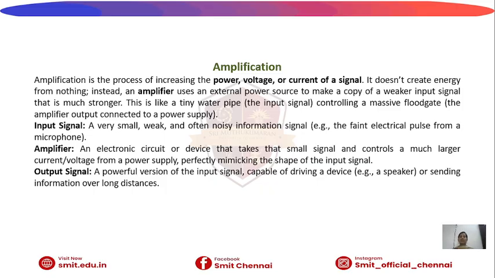Just what I gave as input, I directly get as output by using the amplification, right? So I recover my input signal without any noise, without any modification. So that's why I am using the amplifier, right?